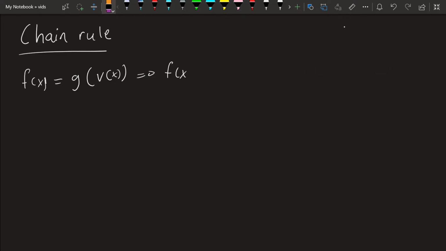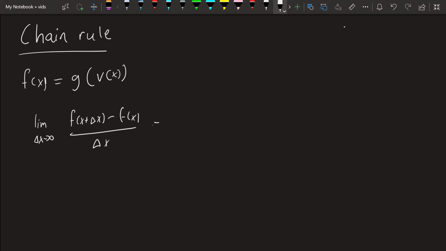So now, let me introduce the derivative rule of a composite function. So let me write the definition of derivative. Limit as delta x goes to 0. This is the derivative of a function, right? Minus f of x over delta x. Right, so now let's just substitute, and by the way, f of x plus delta x is equal to g of v of x plus delta x, right?